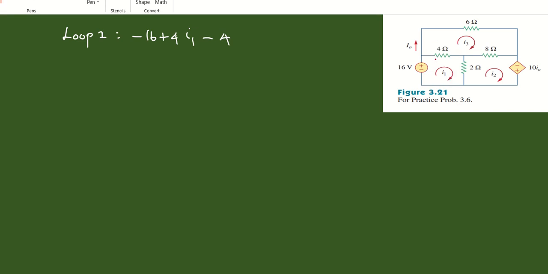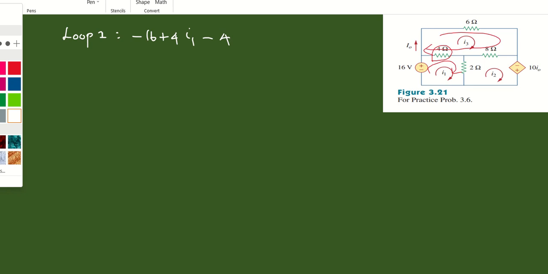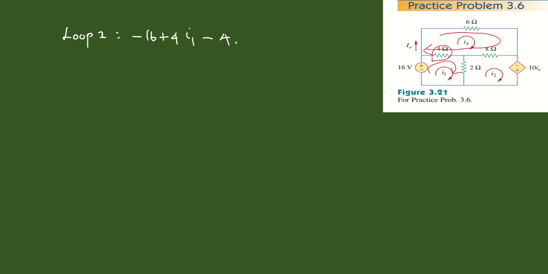At the same time, this I1 current is also flowing through this 4 ohm resistance. Both are flowing in the opposite direction. So it is minus I3. Then instead of I3, I am going to write I0, because we know that this I3 and I0 are the same.